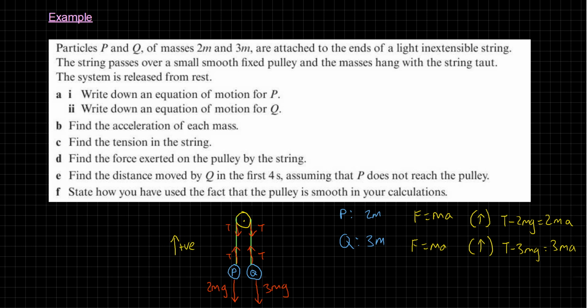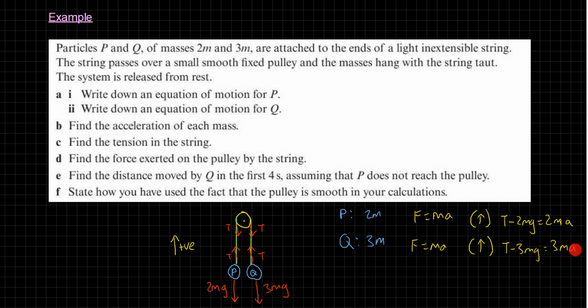So the magnitude is the same. But what's not the same is the direction. If Q is going downwards, P is going upwards. So if we arbitrarily call P's acceleration A, then consequently Q's acceleration going down will be minus A.